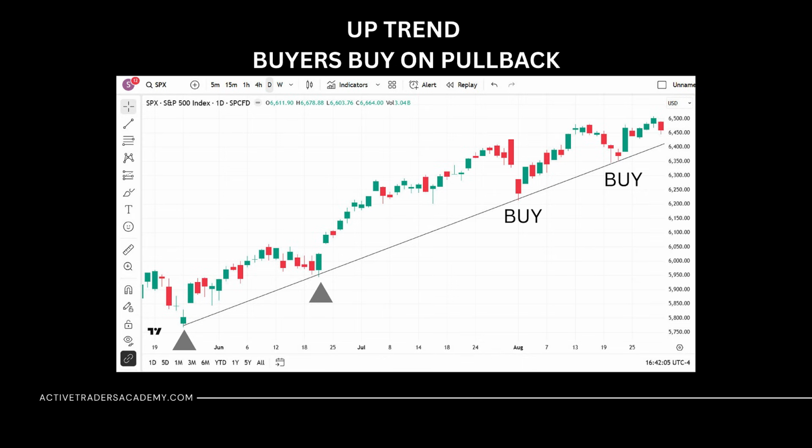Market is in an uptrend. Where do we buy? We buy when it comes back down. Okay, when the prices retrace. Now, does it mean that we should only wait for it to hit that trend line? No, not necessarily. But what I am telling you is that that is an area that you can consider buying if you have not already bought in.